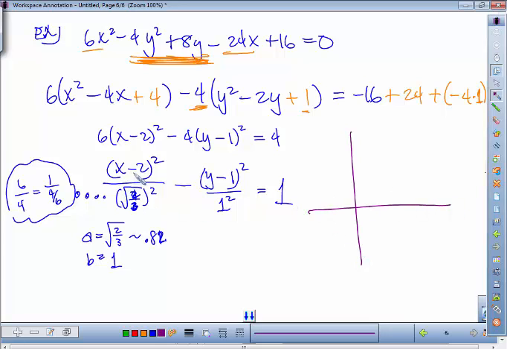Where's my center? My center is at 2, 1. So my a is along the x. I want to go 0.8 units.